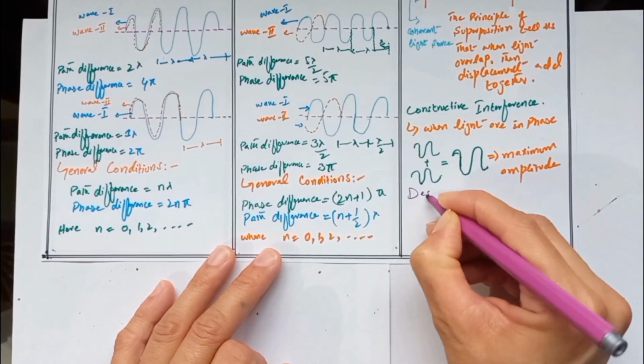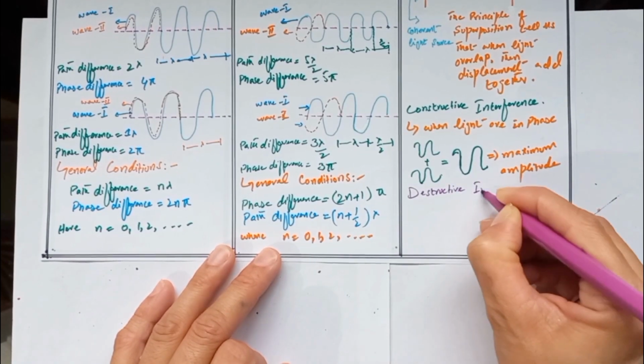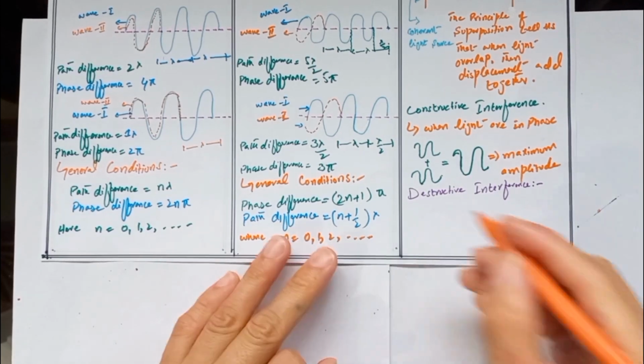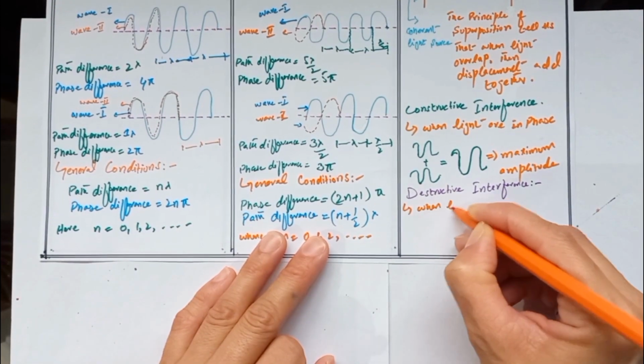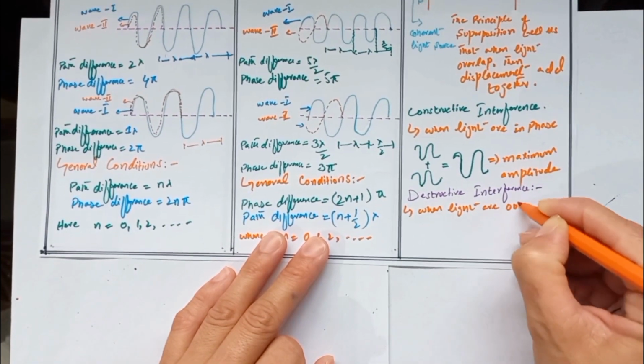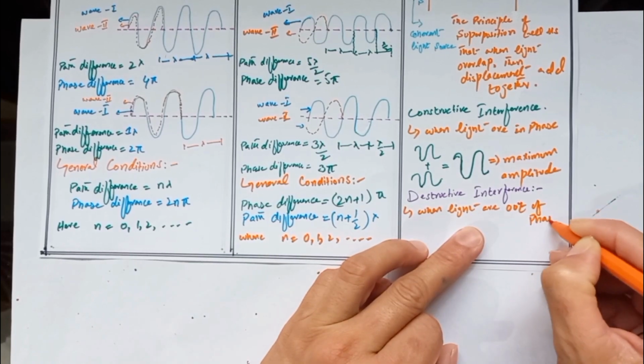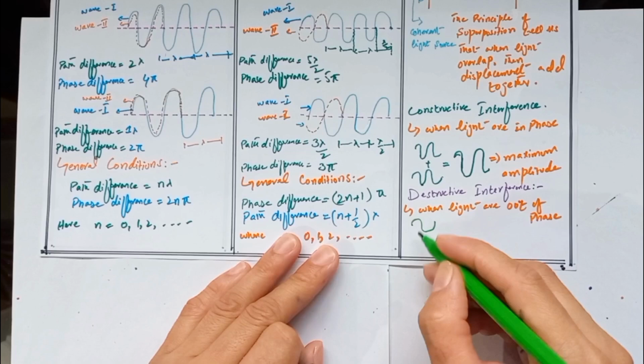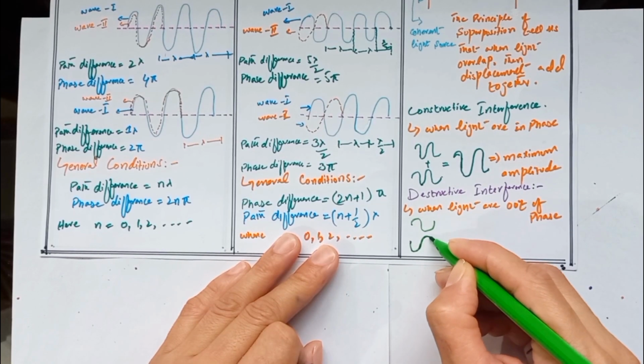Now we discuss destructive interference. Destructive interference happens when light waves are out of phase. Here we take two waves in which the crest falls on the trough and the trough falls on the crest.